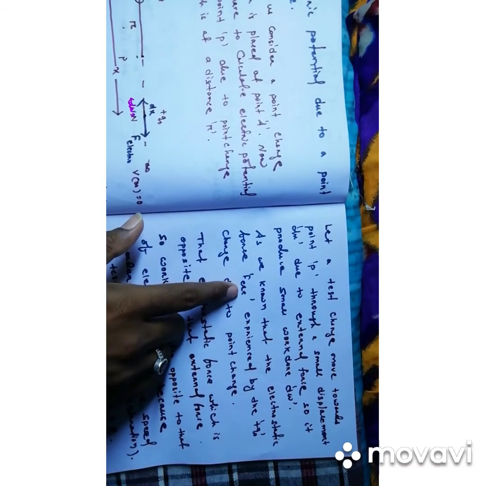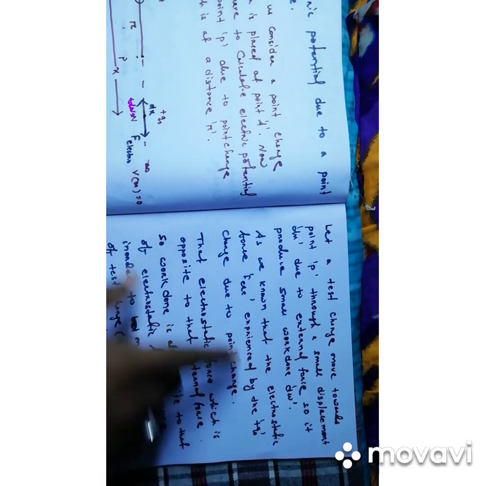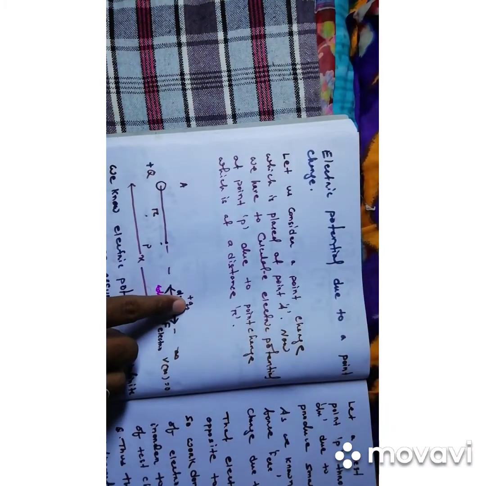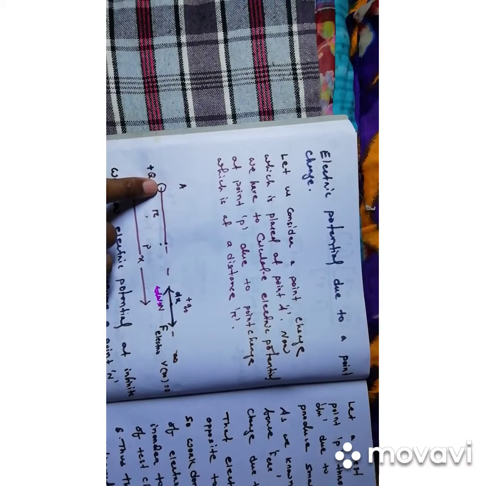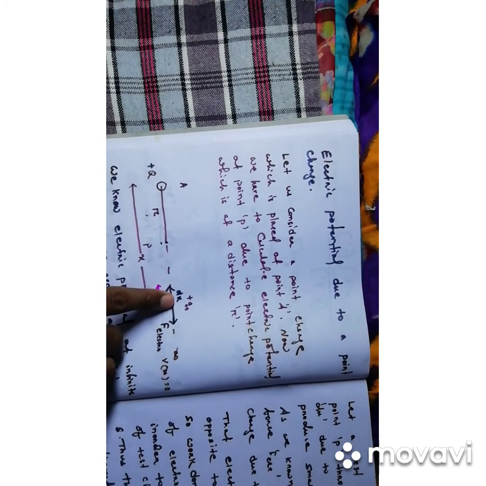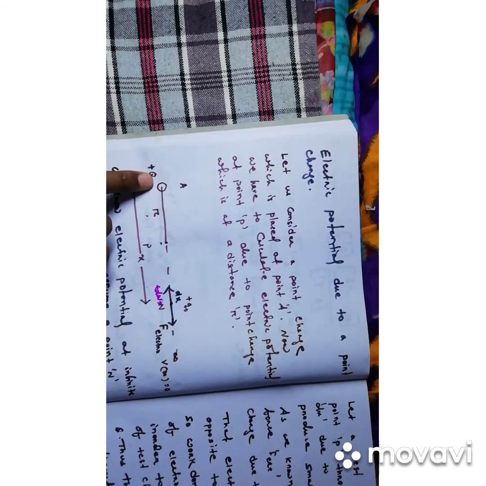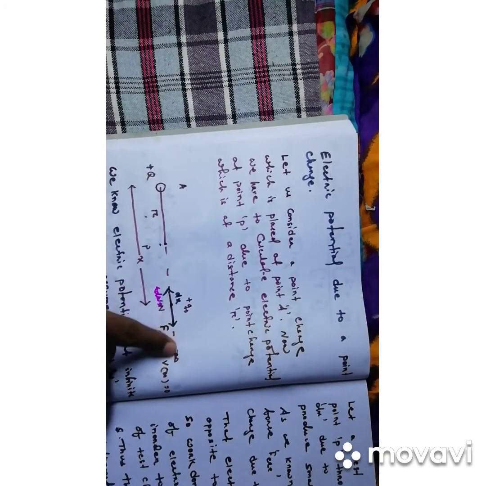As we know, the electrostatic force experienced by the test charge is due to the point charge. The test charge is a positive charge, and the source charge, the point charge, is also positive. That's why the test charge experiences an electrostatic force due to the source charge, moving radially outward.